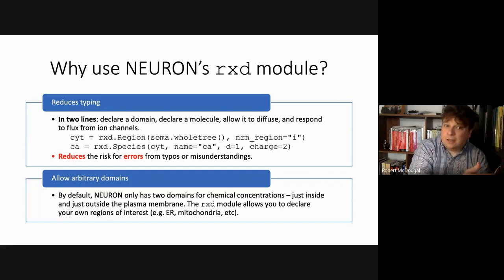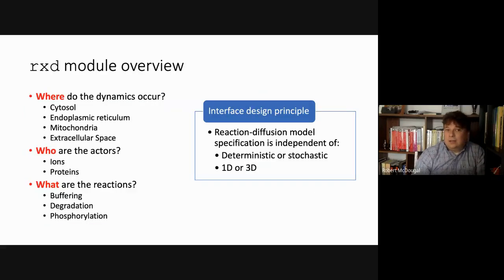So now you could imagine that if instead of calcium here I had sodium, and I did exactly the same thing but with sodium, then if I put Hodgkin-Huxley channels in, I'd see sodium concentration start to bump up with every action potential. That makes sense? All right. So we can do a lot in those 2 lines.